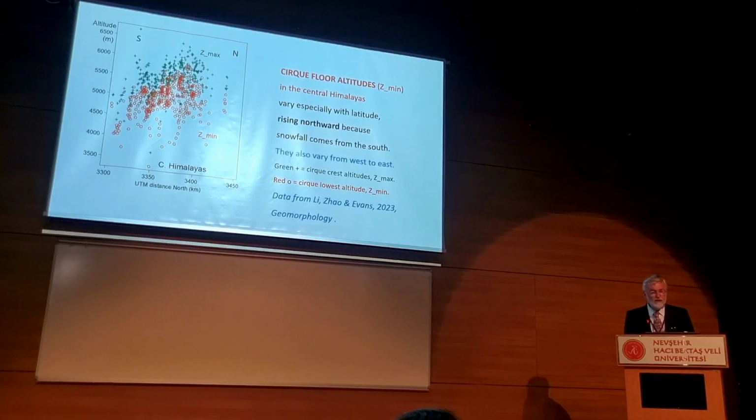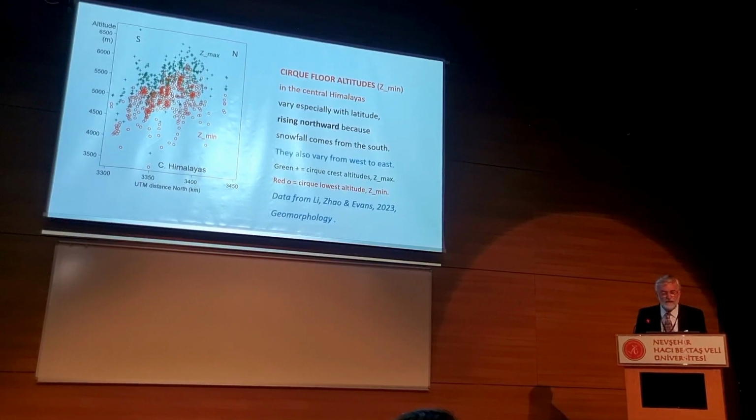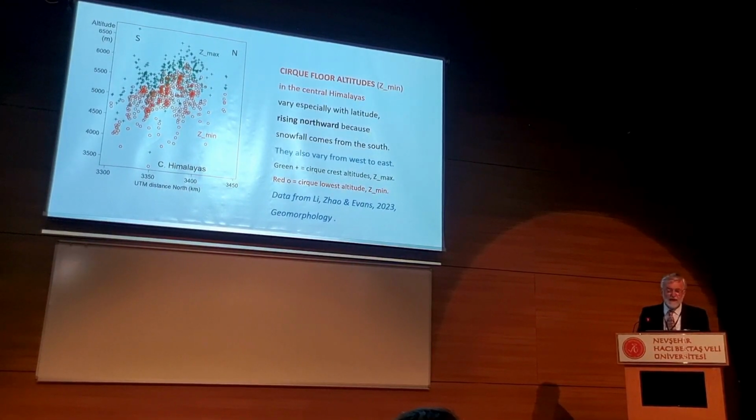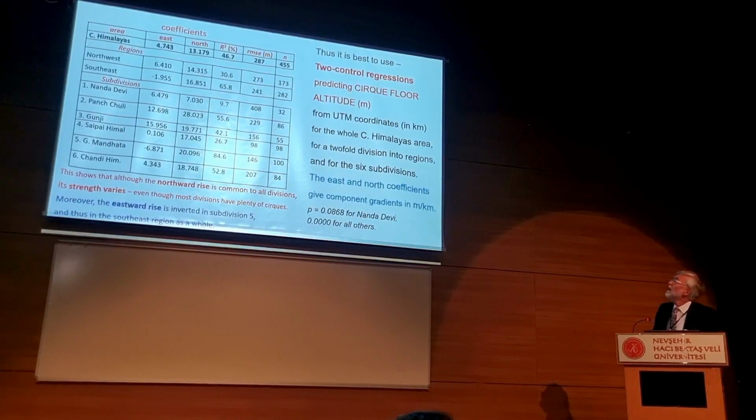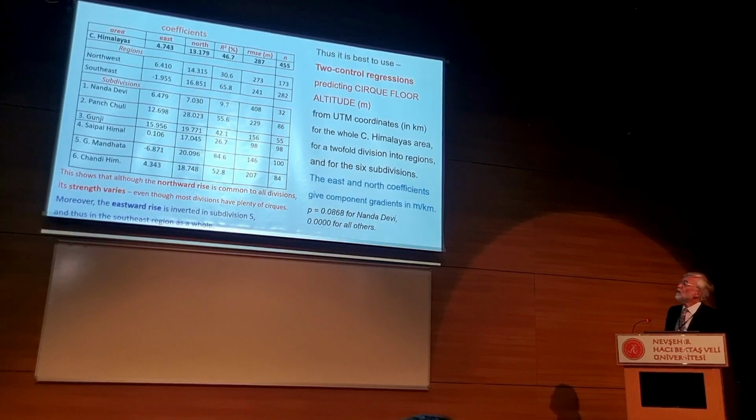So the main variation of the cirque floor altitudes in the central Himalayas is the northward rise due to precipitation, snowfall, coming from the south. There's also some variation between west and east, and we analysed this combination by two-variable regressions predicting cirque floor altitude from the eastern coordinate and the northern coordinate.